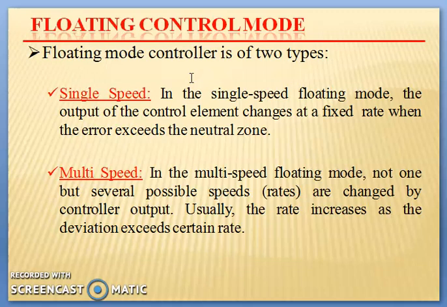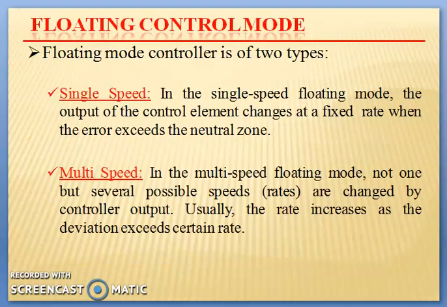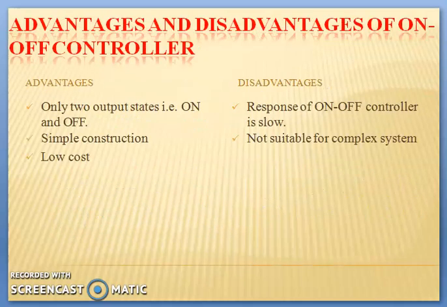So the controller output is going to change at different rates, that is why it is called multi-speed. Usually the rate increases as the deviation exceeds a certain value. That is obvious. If the deviation is changing, then the speed of control action by the controller also increases. So that is the floating control mode.